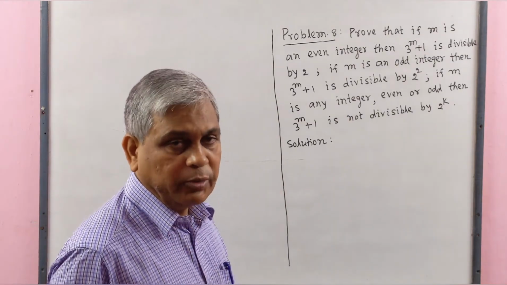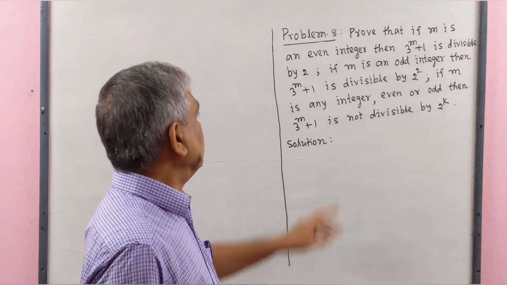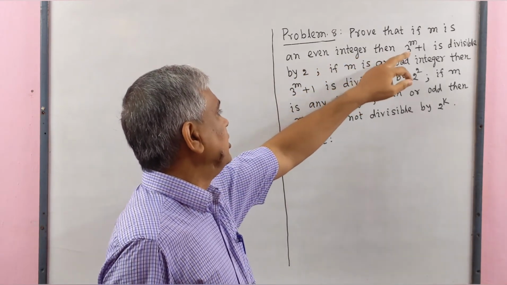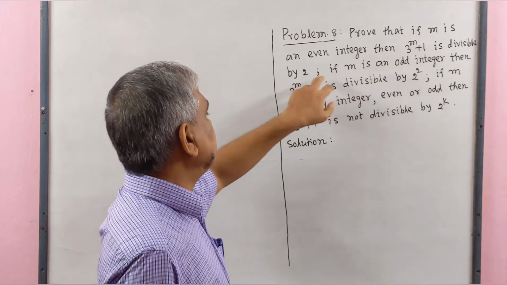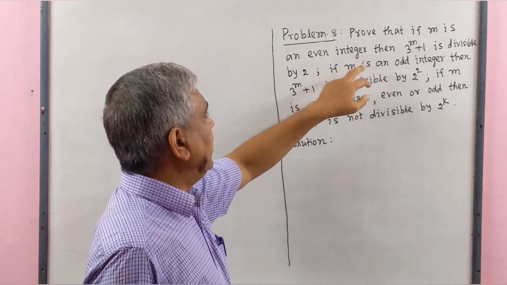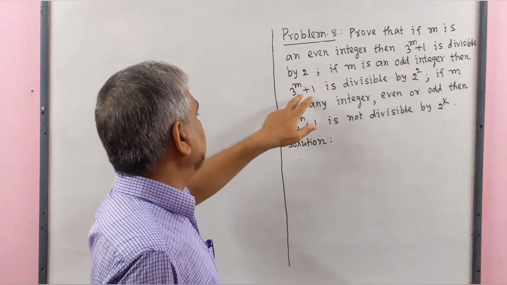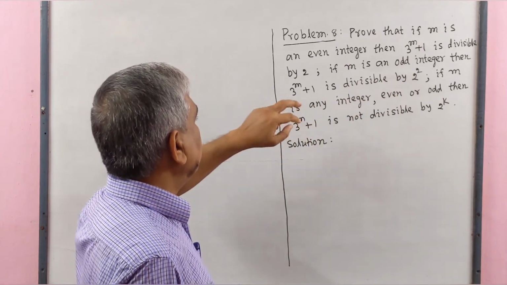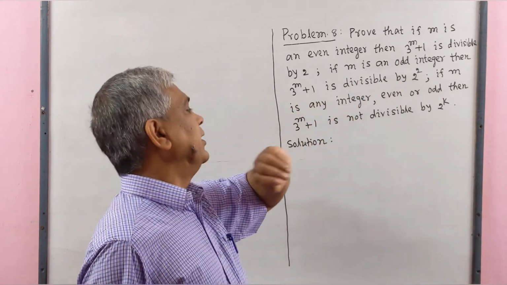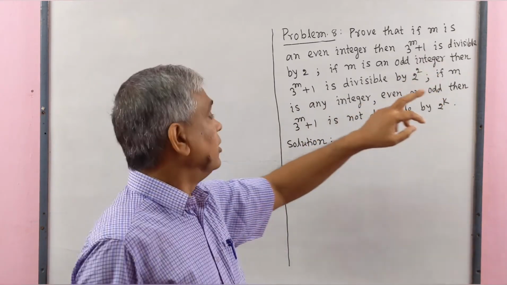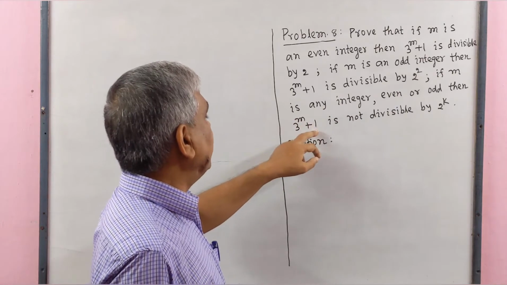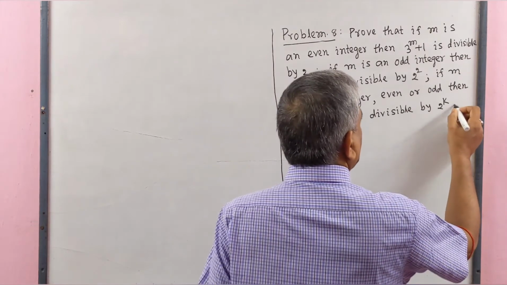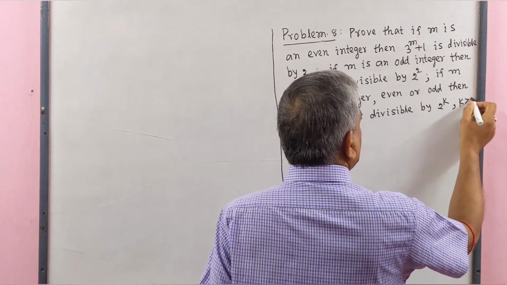Now we solve problem number 8. Prove that if m is an even integer, then 3 to the power m plus 1 is divisible by 2. If m is an odd integer, then 3 to the power m plus 1 is divisible by 2 square. If m is any integer, even or odd, then 3 to the power m plus 1 is not divisible by 2 to the power k, k greater than or equal to 3.